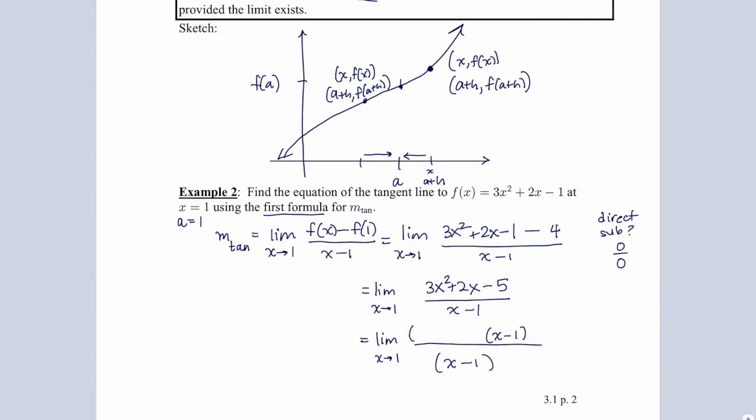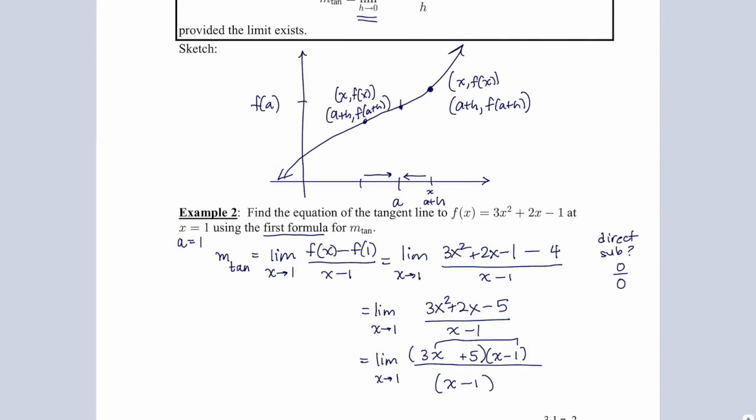So let's see if this will work. To get a negative 5 on the end, I must need a plus 5 here. And to get a 3x squared at the start, I would need a 3x at the start. And that's going to give me a negative 3x plus 5x, so 2x in the middle, which is exactly what I want. So great, we are able to factor that.